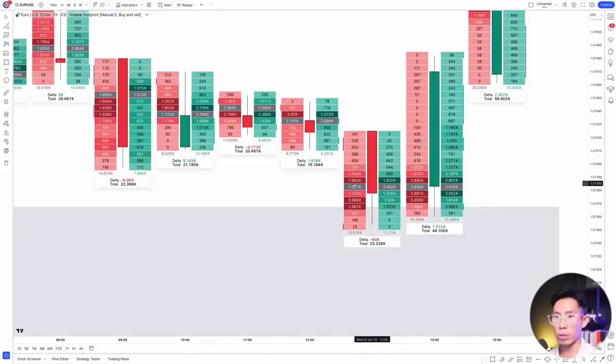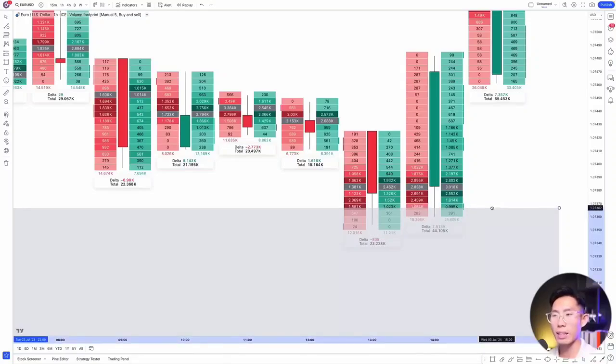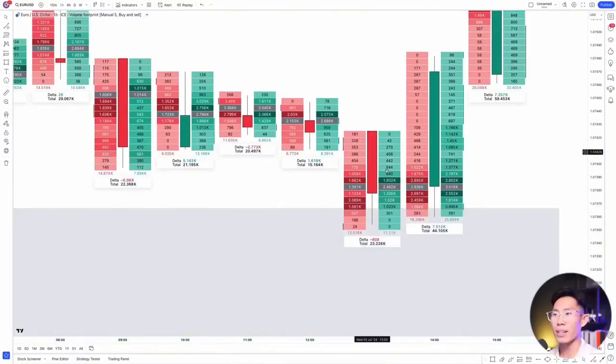Now, this pretty much tells us that even though the sellers were aggressive, there is so much demand at this demand zone. There were so many passive buy limit orders that completely ate up the sell orders that we have right here, which results in price respecting this demand zone.